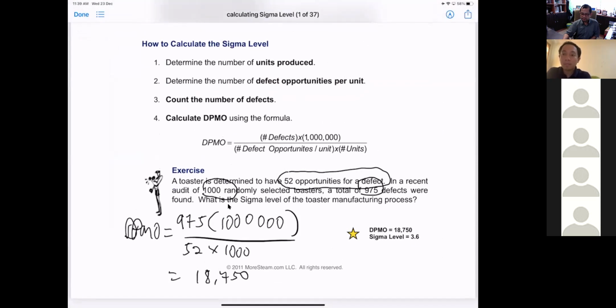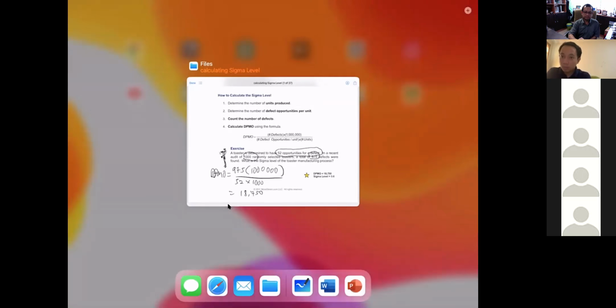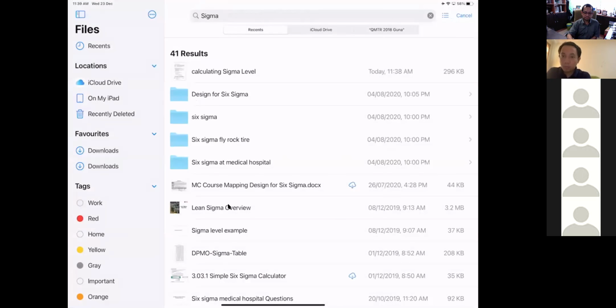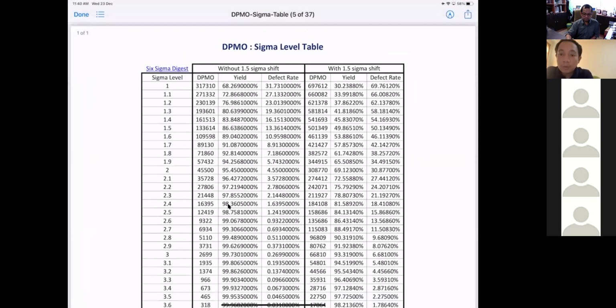So it is 3.6 for 18750. So we use it with 1.5 sigma shift.